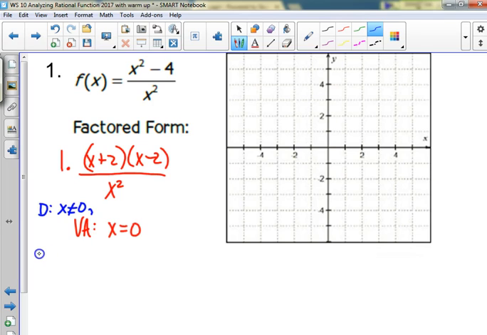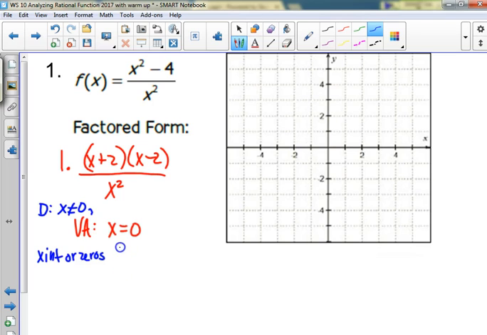How do you find the x-intercepts or zeros? Other way around. X-intercepts mean the whole function needs to equal 0. So we need to set the top equal to 0.